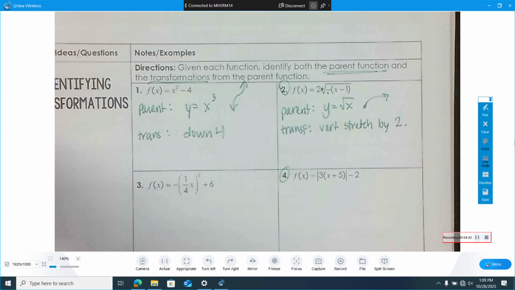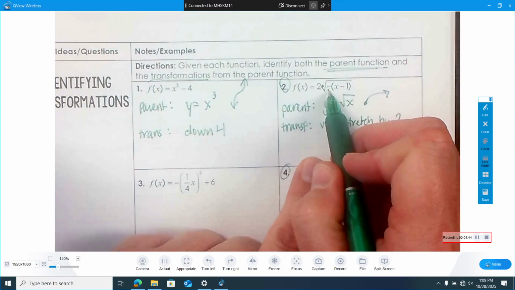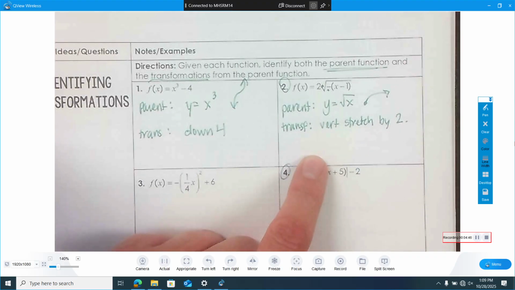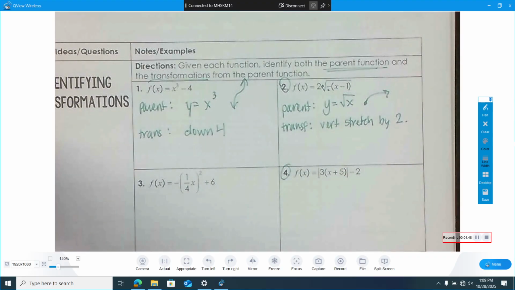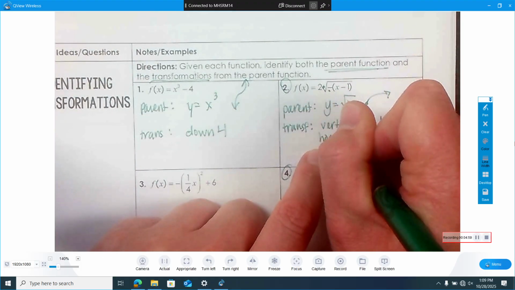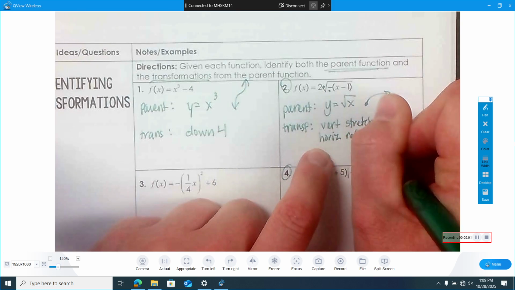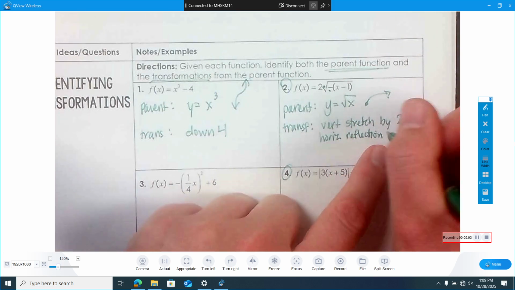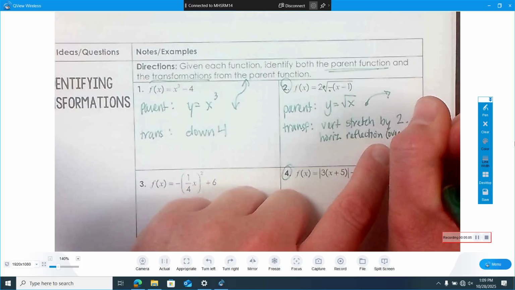The x-axis is horizontal. All right, what does this negative do? It's a horizontal reflection, if you will. It's flipping it across the y-axis. I just like to write horizontal reflection. You could maybe say over the y-axis.